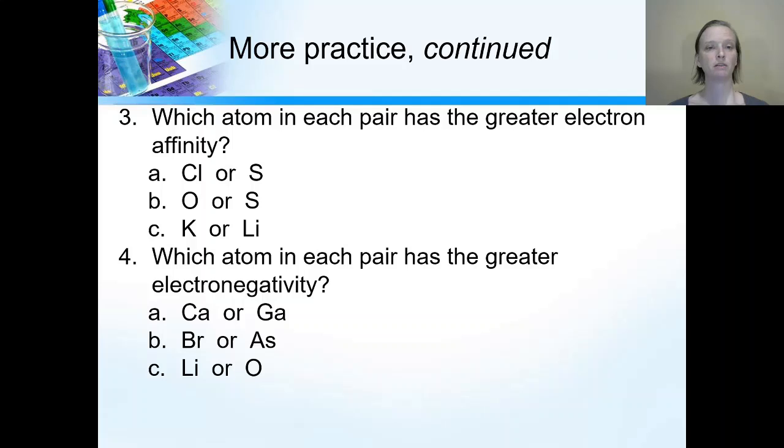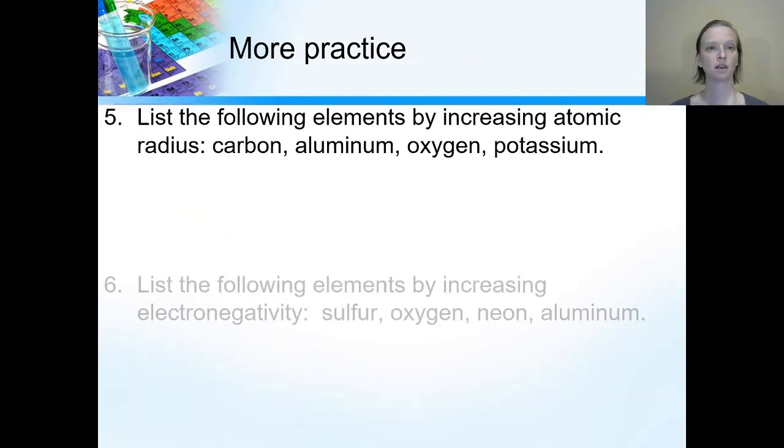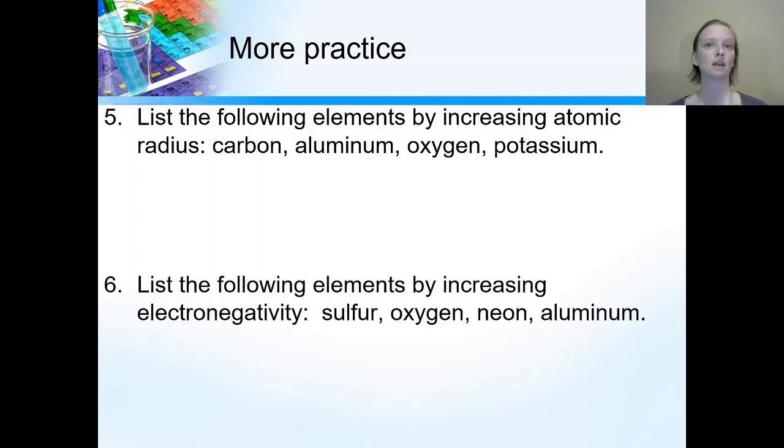Again, pause your video and then check your answers. Chlorine, oxygen, lithium, gallium, bromine, oxygen. Try to put these in order. Again, pause the video and then come back and check your answers.